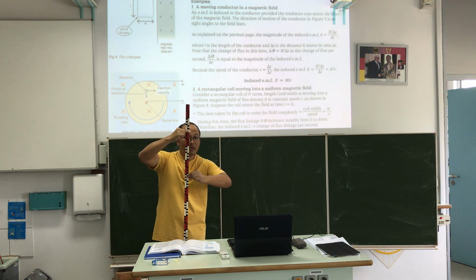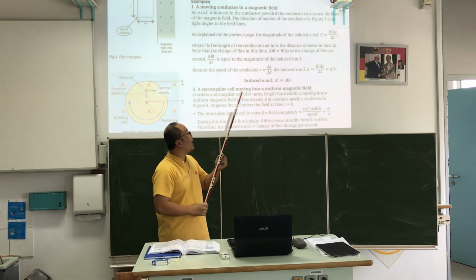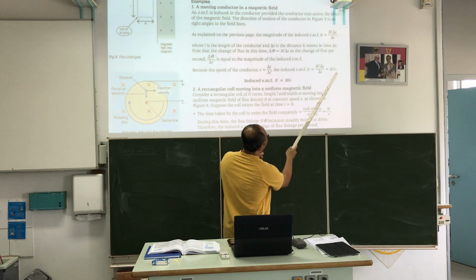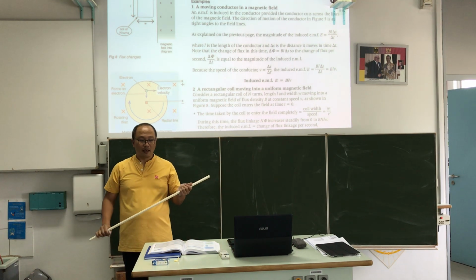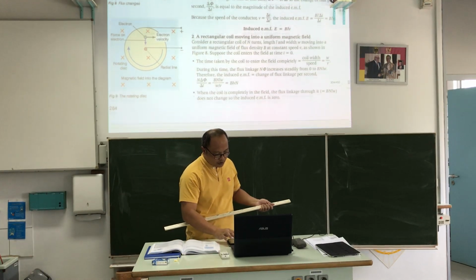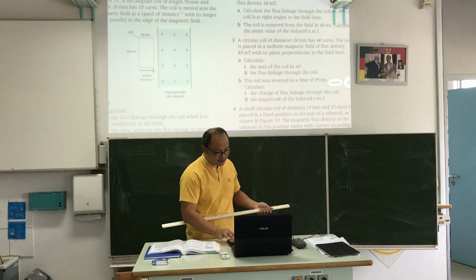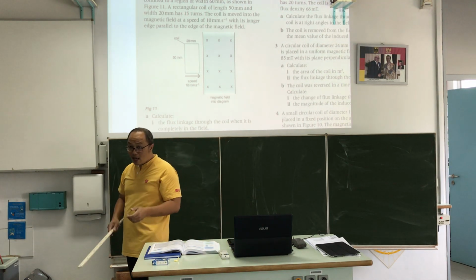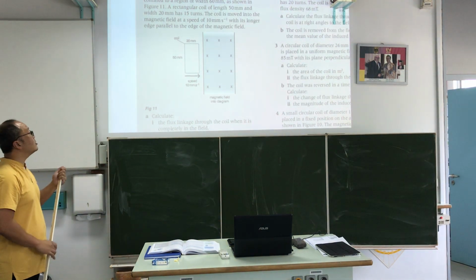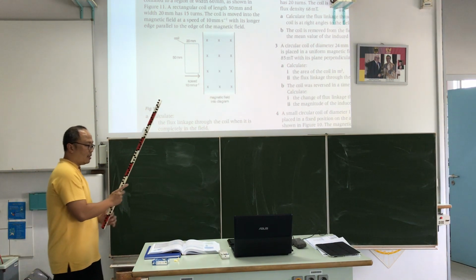The segment length, be careful, which is in the magnetic field, times the B. Understand? The second example is exactly what we want to do, and that leads us later on to this exercise. So what I explained now will be very useful for this exercise number 1.